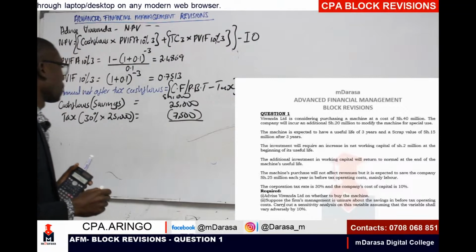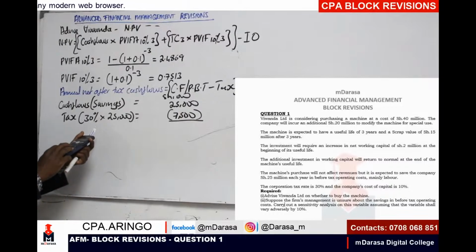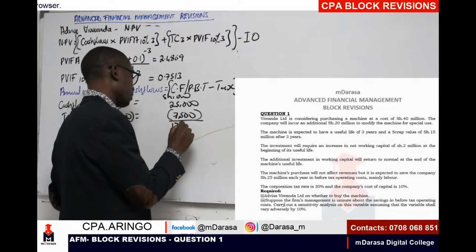So 25,000 minus the answer should give us 17,500.